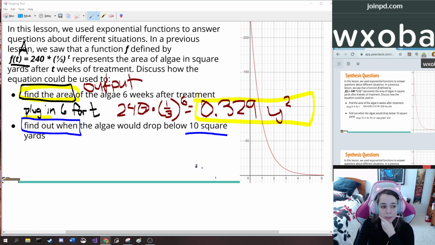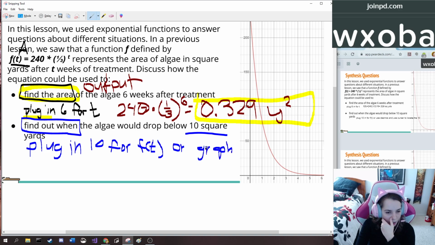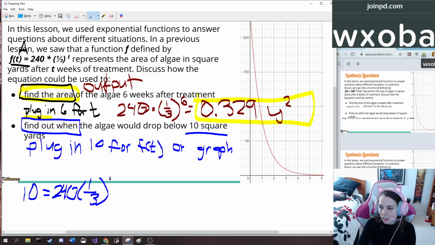Excellent. I'm seeing a student say you would have to plug in 10 for f of t, or use a graph. Now, plugging in 10 is something that we don't know how to solve. If I put 10 equals 240 times 1/3 to the power of t, we do not know how to solve this until Integrated 2.